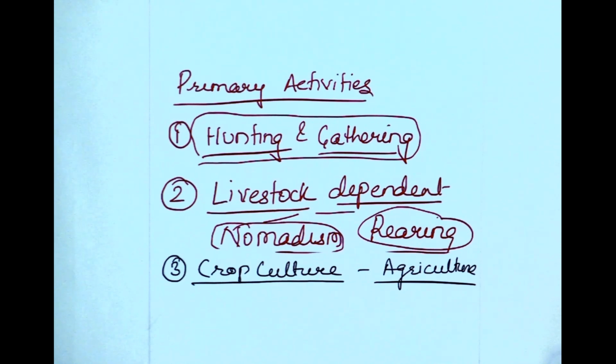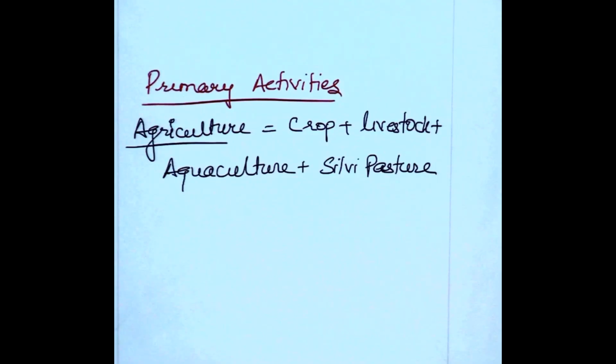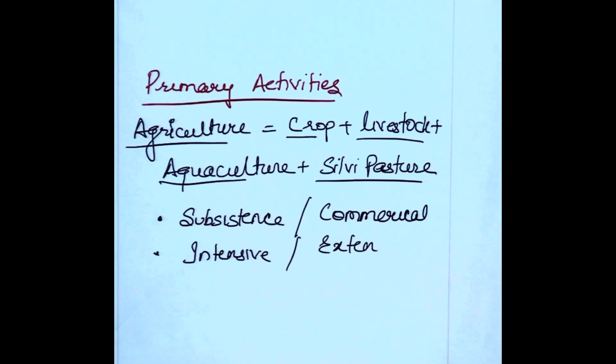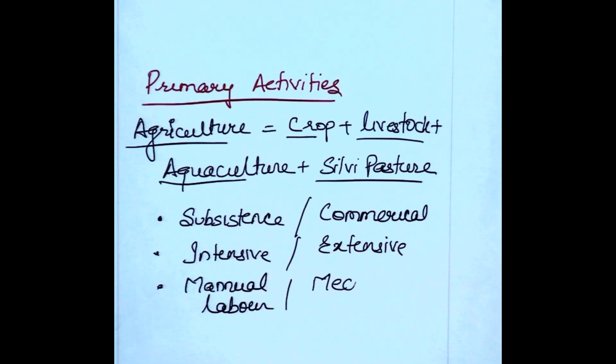But mind it, when we today talk about agriculture, we take into account not just crop culture, but agriculture means crop cultivation, livestock rearing, aquaculture, silvipasture culture, wherein agriculture can be subsistence or commercial, intensive or extensive, manual labor, or mechanized.